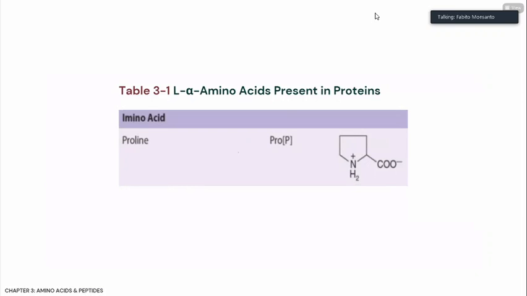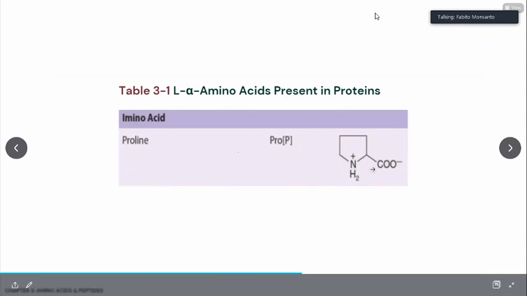And then the last is an imino acid. Now, this amino acid is made up of 1, 2, 3, 4, 5 carbon atoms.